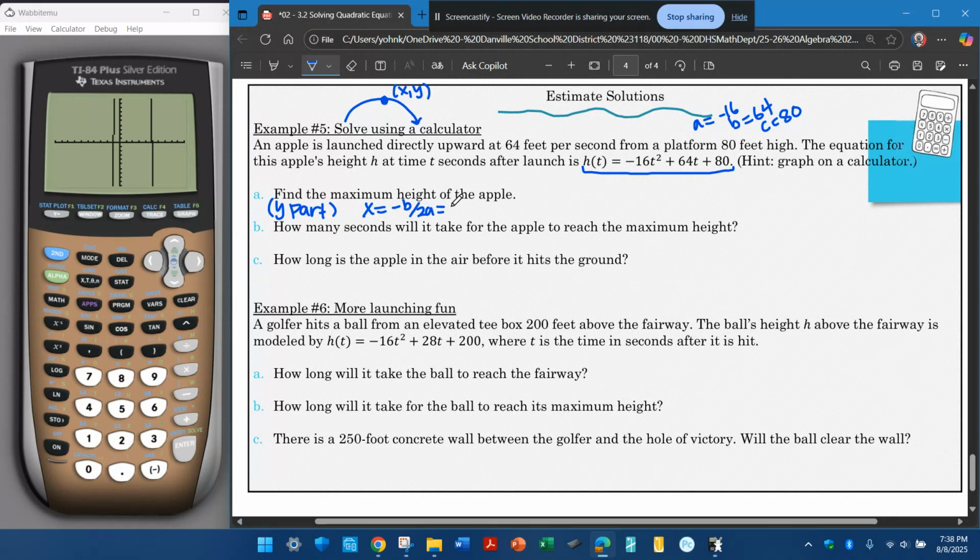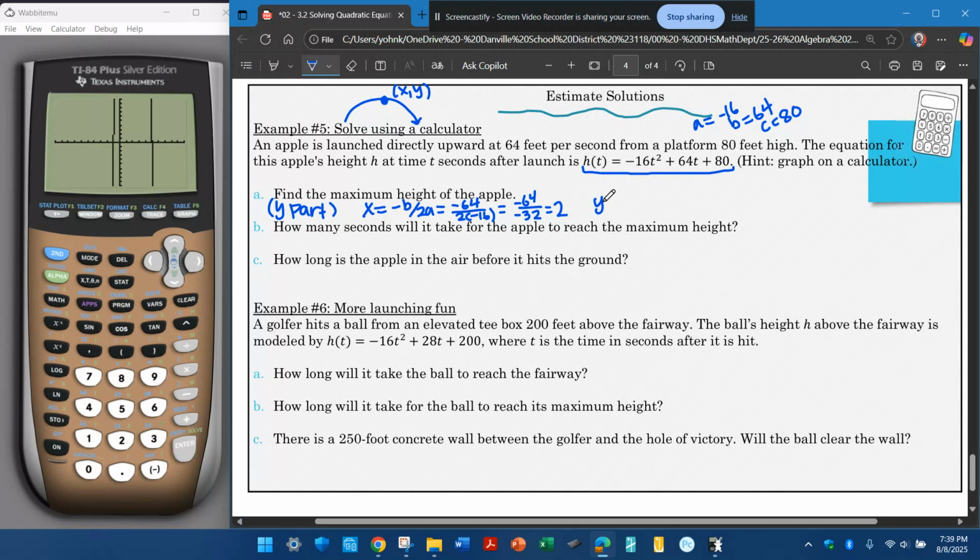So we're going to do negative 64 over 2 times a negative 16. So that's negative 64 over negative 32, that's 2. Remember, you're not done. You got to take that 2 and you got to substitute it into the original problem for x, or in this case t.